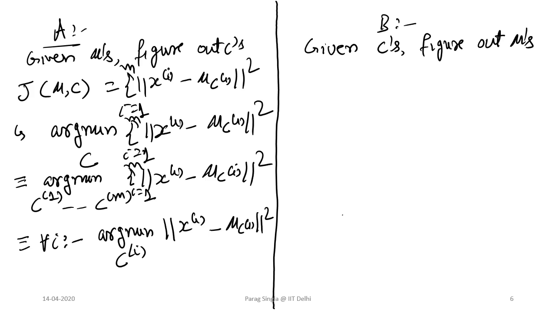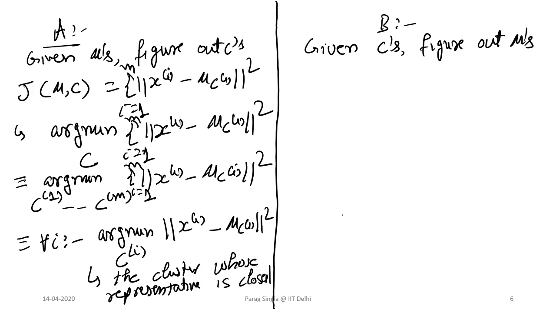This is a discrete optimization problem because each ci can take values from 1 to k, and ci would be the cluster whose representative is closest to xi.